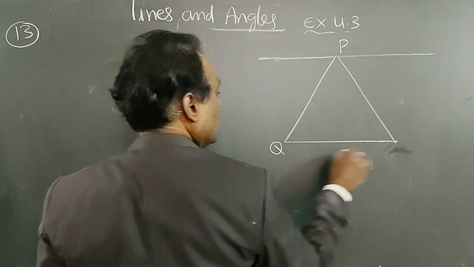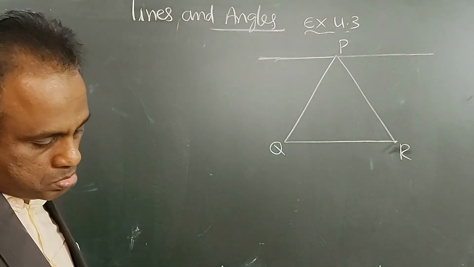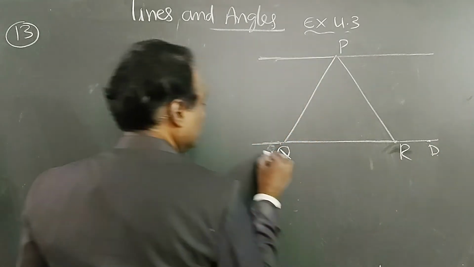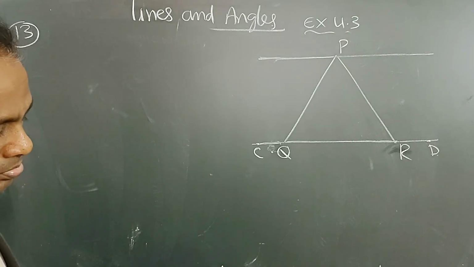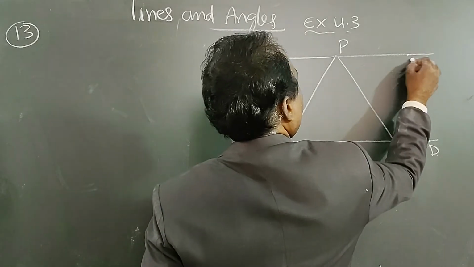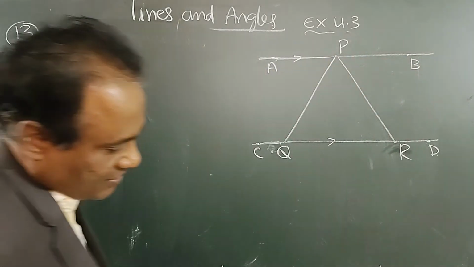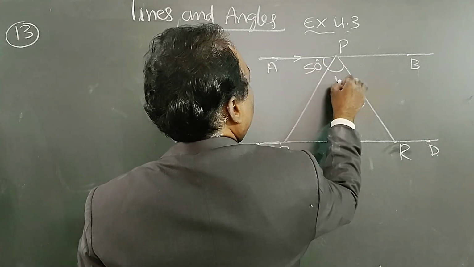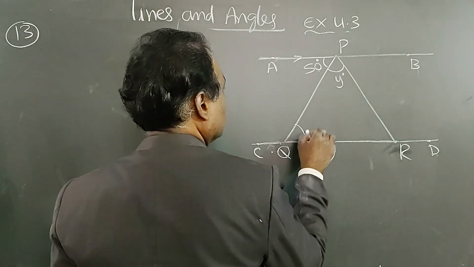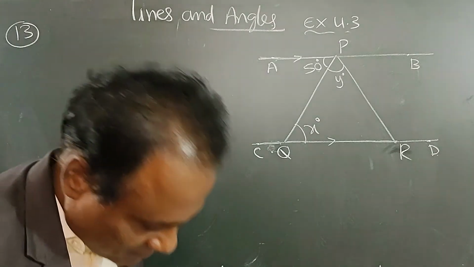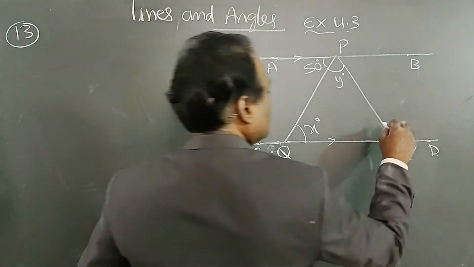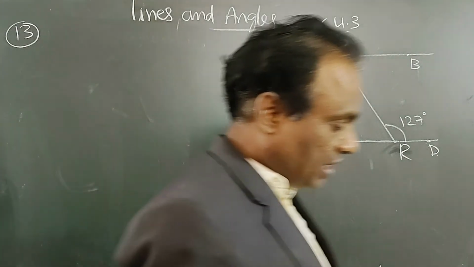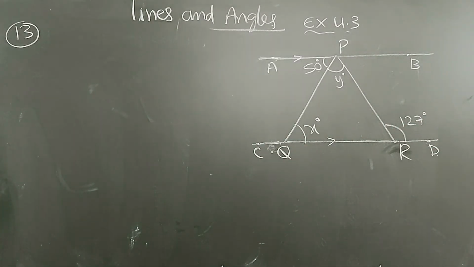P, Q, R, y, x, 127, 50. Draw the diagram.